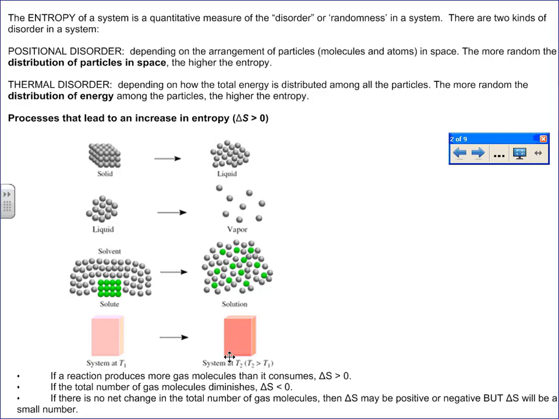If there are fewer gas molecules in the products than in the reactants, then that will lead to a decrease in entropy. And if there's no net change, then it could be positive or negative, but it's likely going to be a small number. Using these factors, you can look qualitatively at a system and decide whether you expect the entropy to increase or decrease.